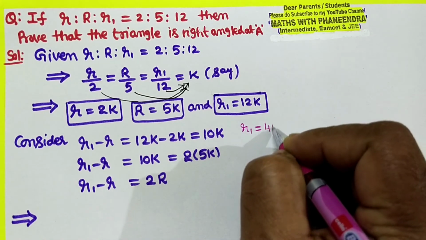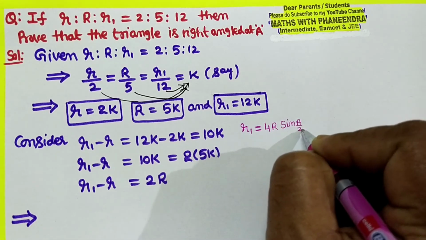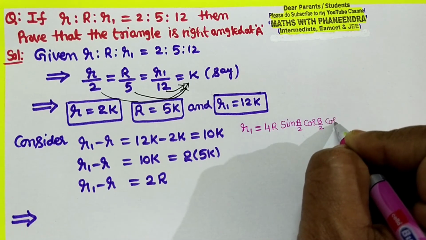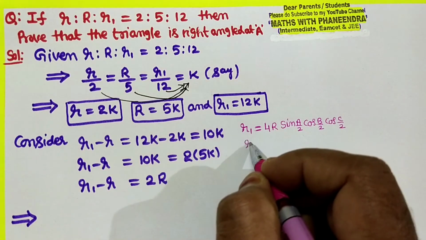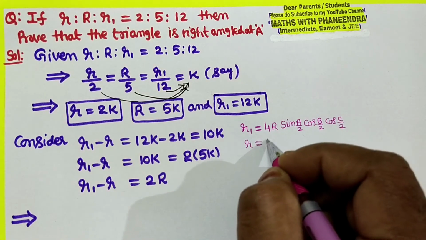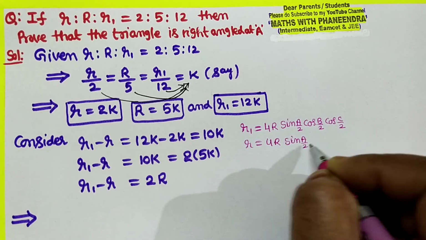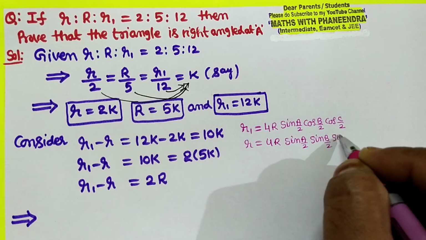So 4 into capital R sin A by 2, cos B by 2, cos C by 2. This is the value of r1. Similarly, the r value means all are sine: 4R sin A by 2, sin B by 2, sin C by 2. In the previous session also we discussed it.